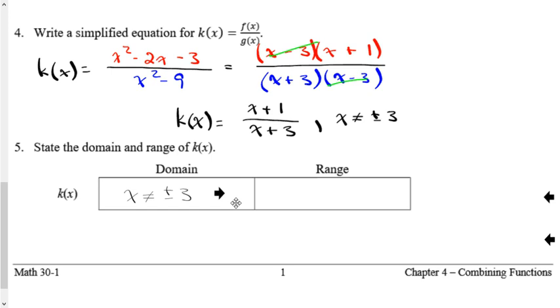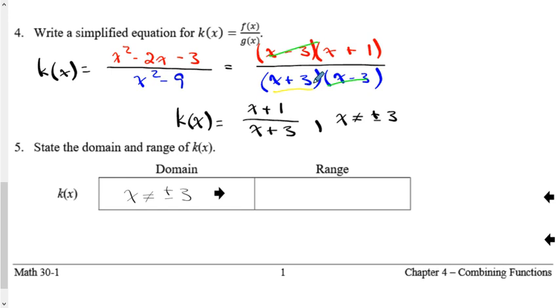The range. Well, here we could look at the graph, but we may miss a point. So keep in mind that when we have a term left in the denominator, as we do here, no common factor, this will tell me where there's a vertical asymptote. And so I will have a vertical asymptote when x is -3.